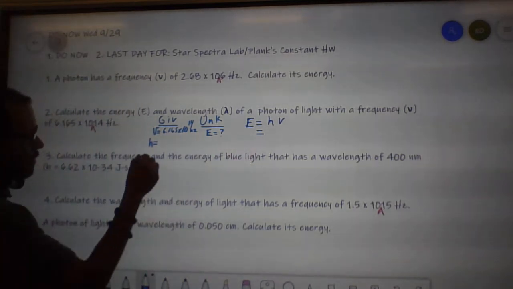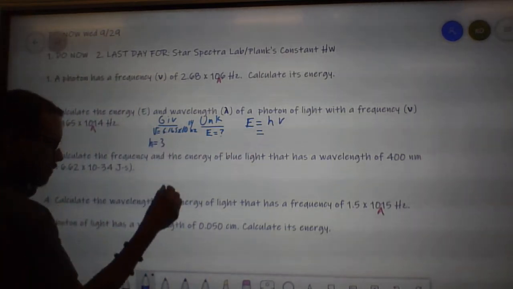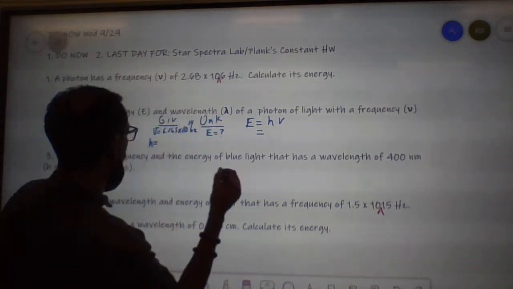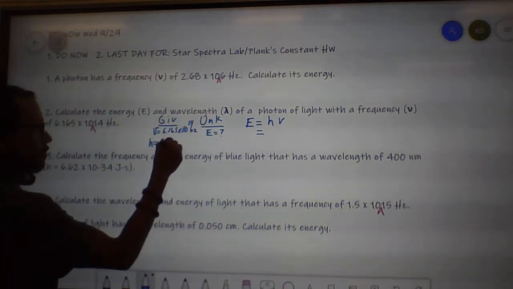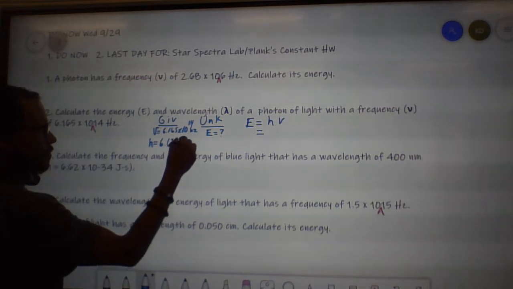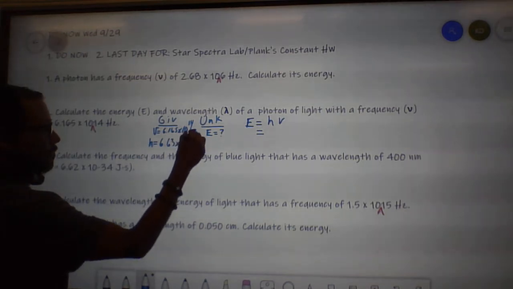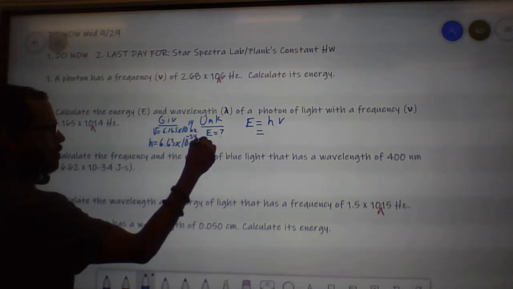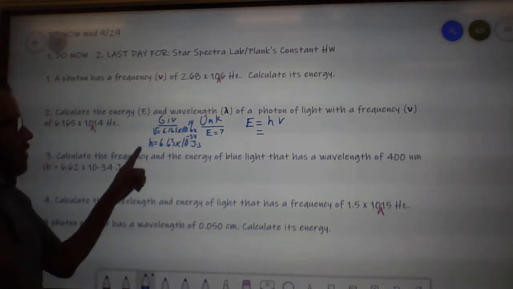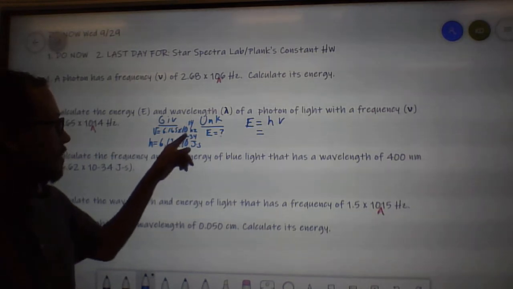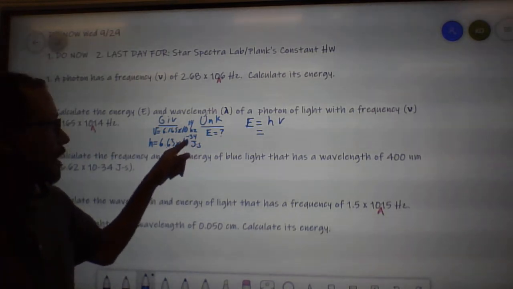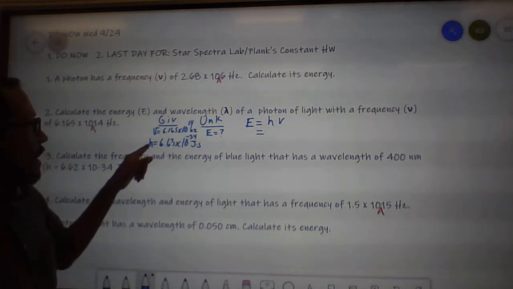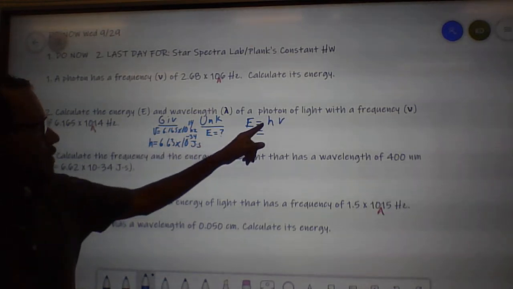So my Planck's constant is going to be 6.63 times 10 to the negative 34 joules times second. Now I have my variables for my equation.